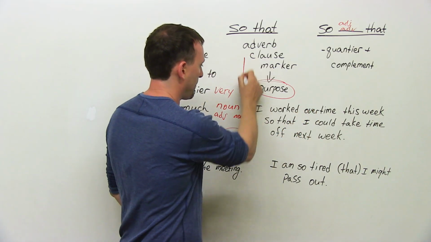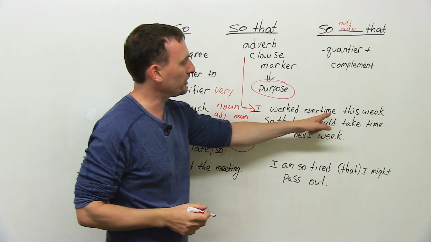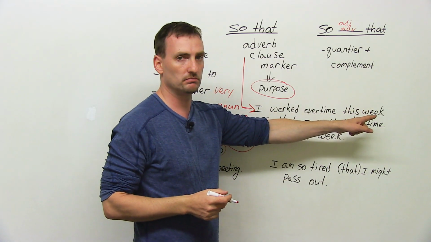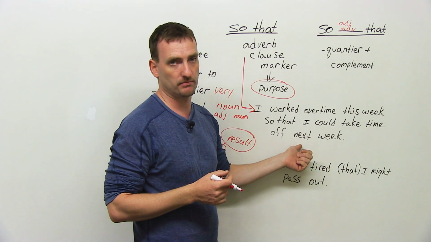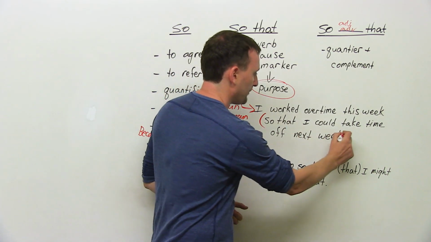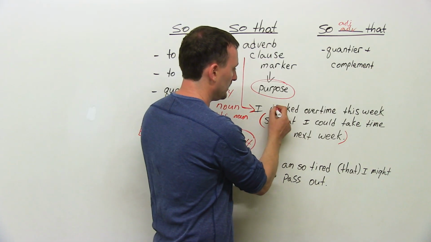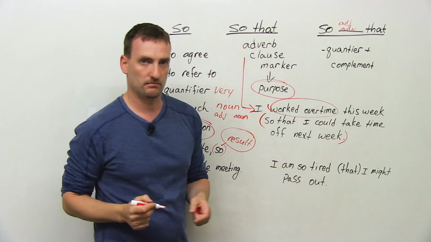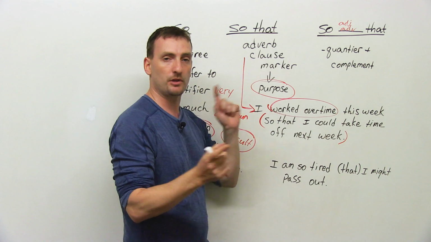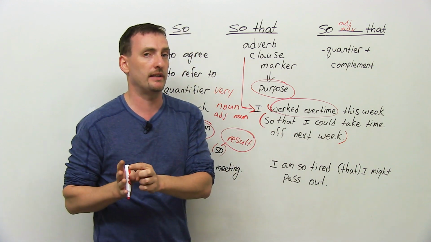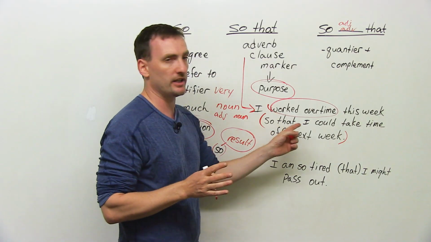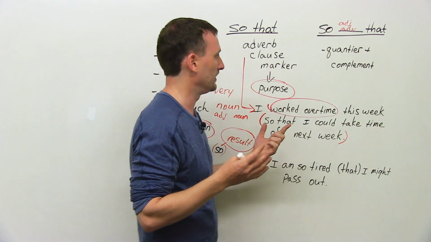Here's an example. I worked overtime this week. Why? So that I could take time off next week. Okay? So this is the purpose of this. Remember, adverb clause, there's always going to be a relationship between the adverb clause and the independent clause. Okay? That relationship is one of purpose.